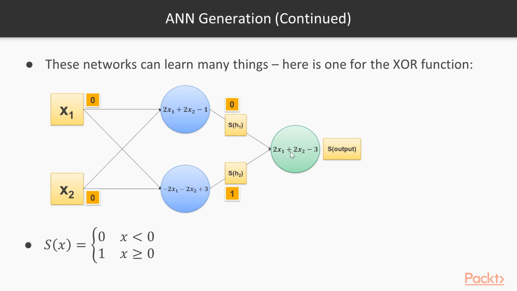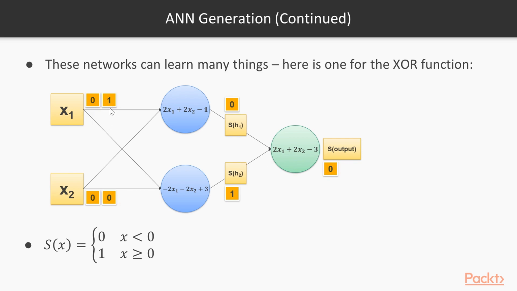And if we plug in 0 for x1 here and 1 for x2, we get 2 times 0 plus 2 times 1, which is 2, minus 3, which is minus 1, and s of minus 1 is 0, and this is correct.